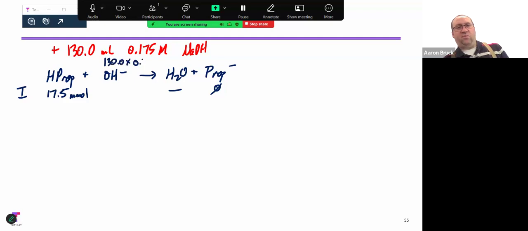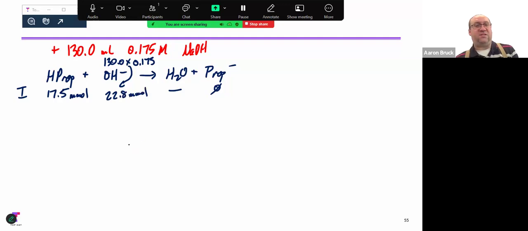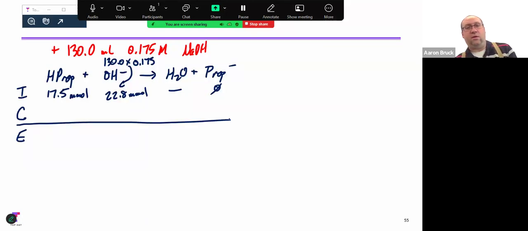130 times 0.175 gives us 22.8 millimoles of hydroxide. Using our limiting reactant, we have less propanoic acid, so that is our limiting reactant.